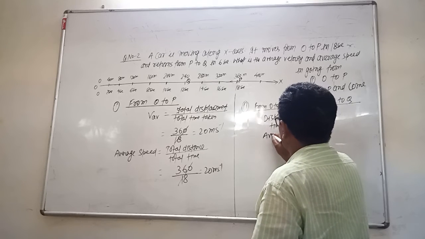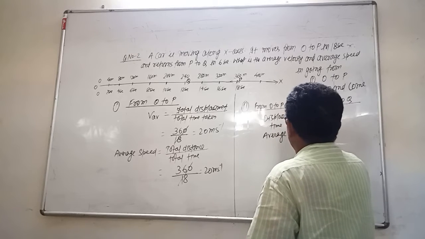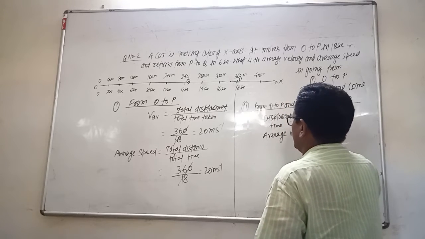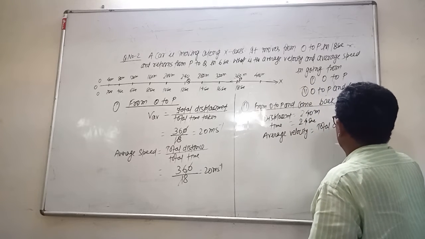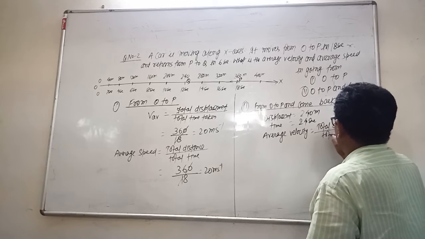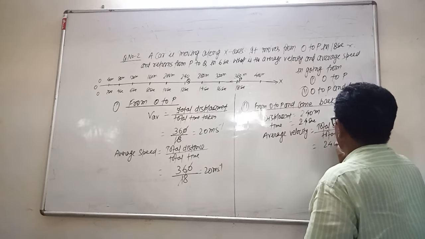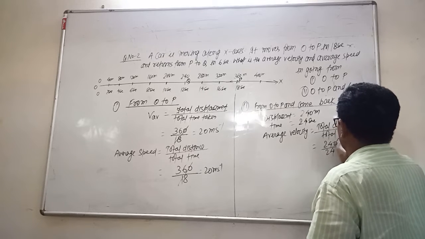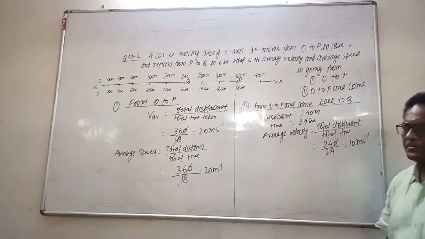And average velocity equals total displacement upon total time. Total displacement is 240 and time is 24 seconds. So this becomes 10 meter per second.